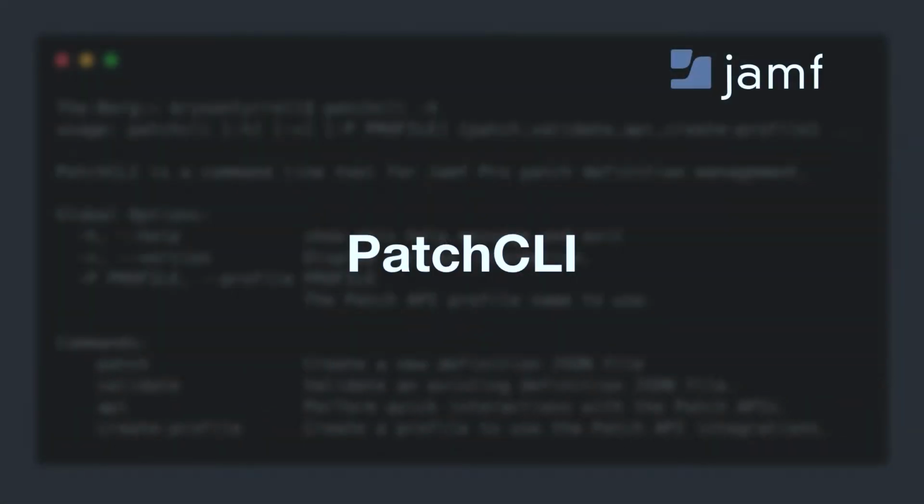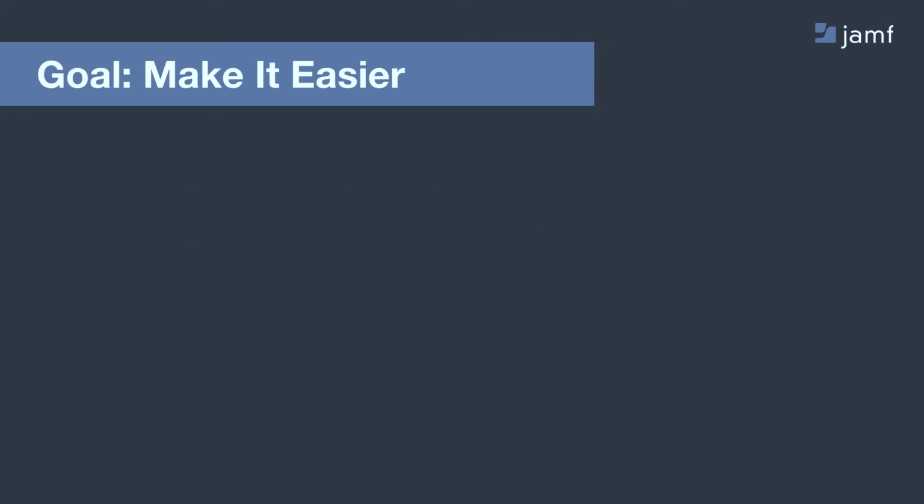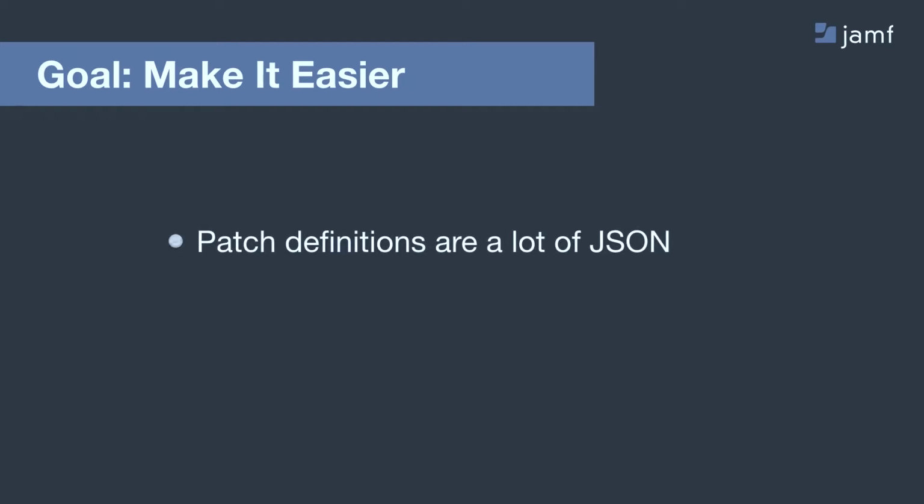So this now comes to Patch CLI, the tooling to help make this process a little bit easier. Because the thing is that with Patch CLI and the patchstarter.py script that preceded it, patch definitions end up being a lot of JSON.